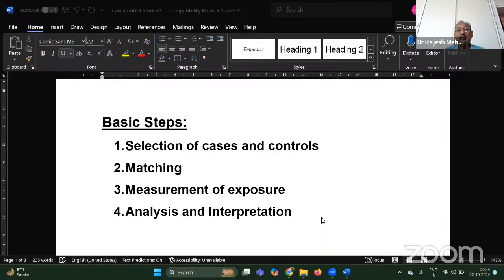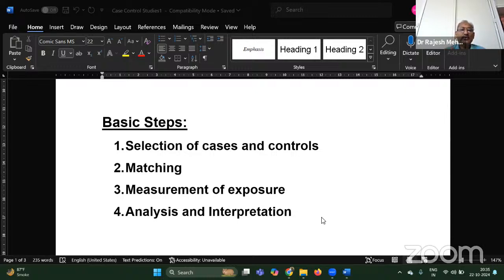Remember that in a case control study, you don't have the population with you. Because you don't have a population, you cannot find out the relative risk, because to find out relative risk, you need to have the population, right? That's why we are not finding out the relative risk in a case control study, but we are going to find out the odds ratio.